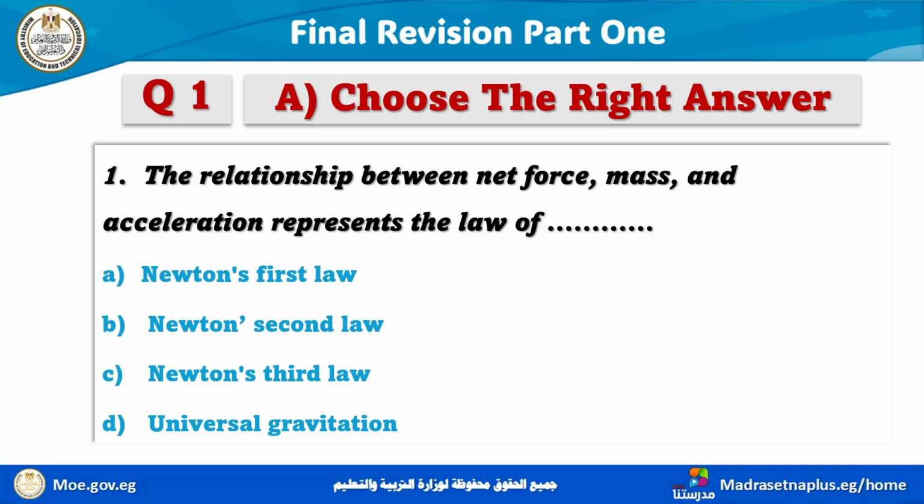And our right answer will be Newton's second law. Newton's second law of motion defines the mathematical relationship between the motion of an object and the forces acting upon it, and is commonly expressed by the formula F equals m times a.